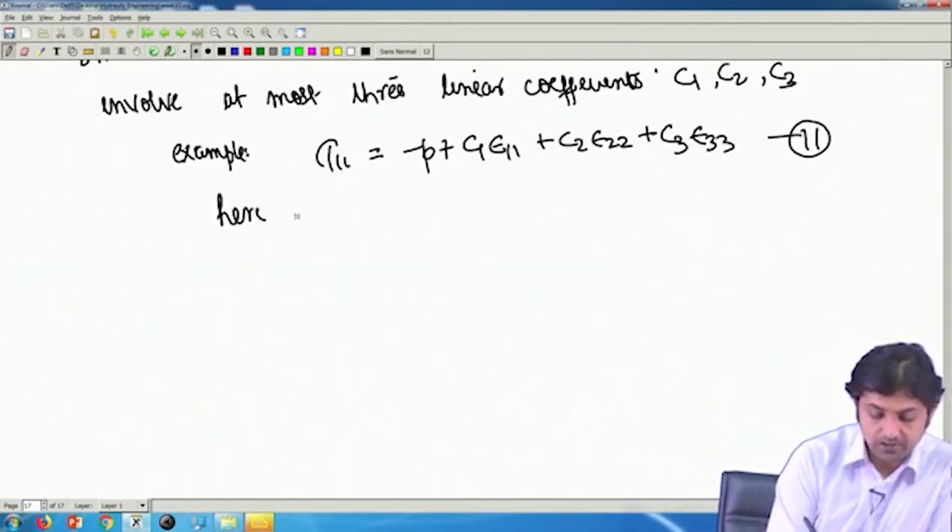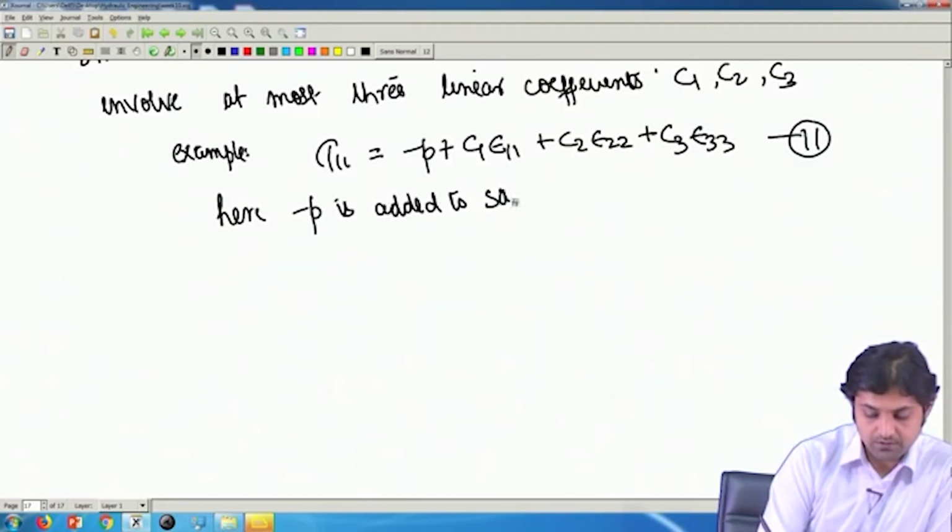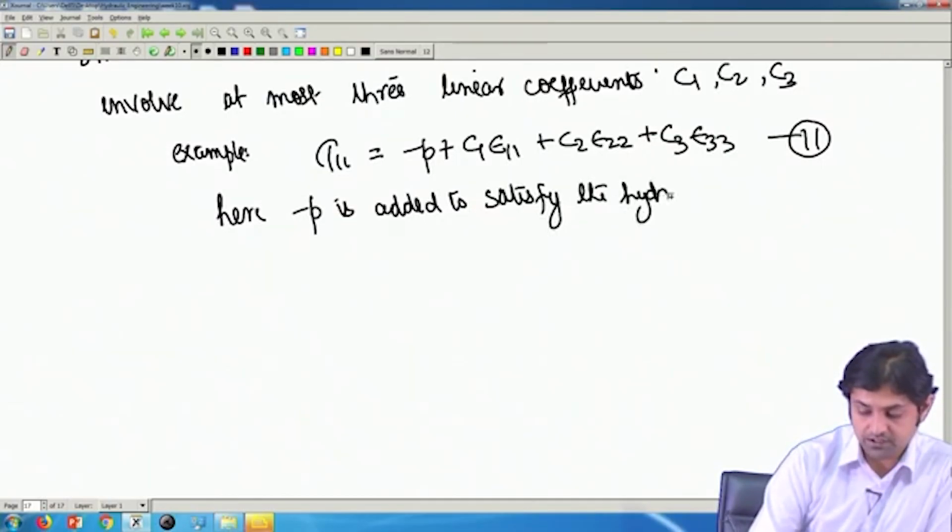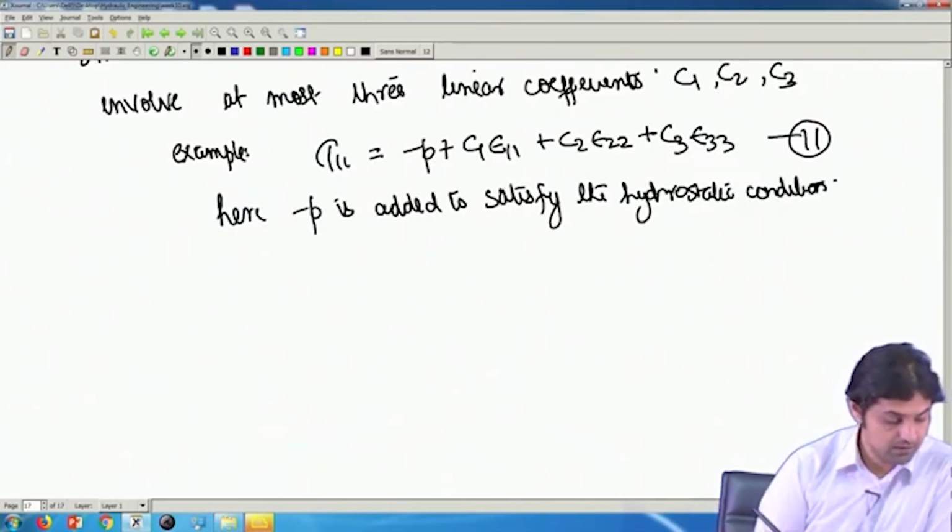Here minus P is added to satisfy the hydrostatic condition. Okay.